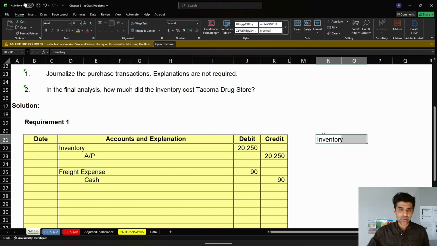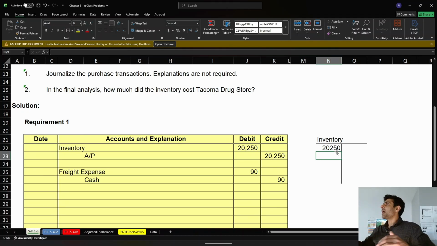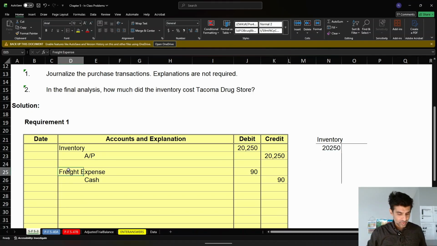If we have our T account here, so far we have 20,250. That's how much we're paying our vendor. But again, we want the all-in cost. How much did it cost for us to obtain this inventory and have it in our warehouse, sitting there? It's got to include this freight. So this is actually going to be inventory.